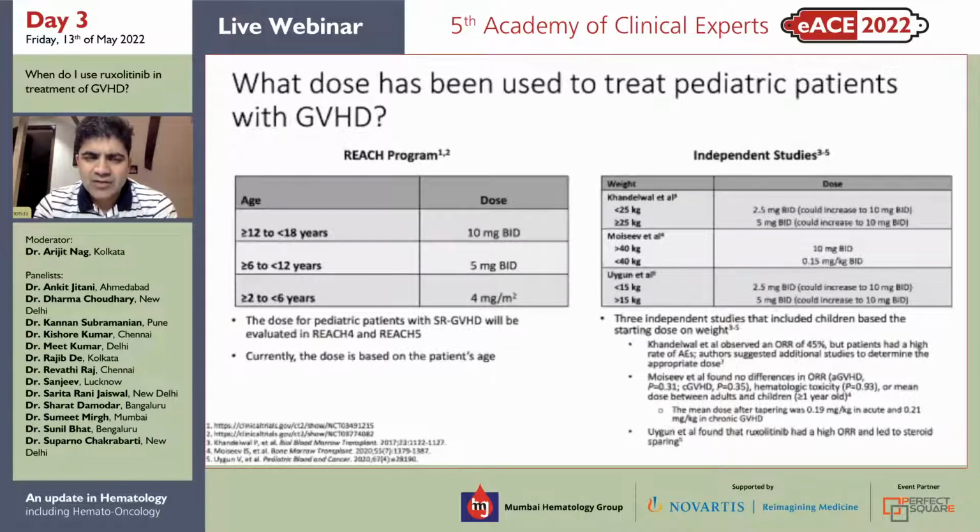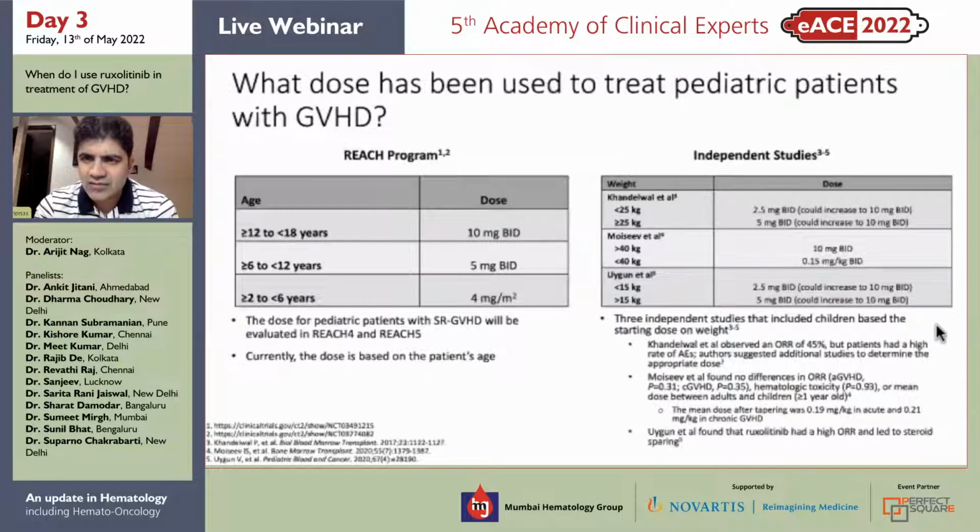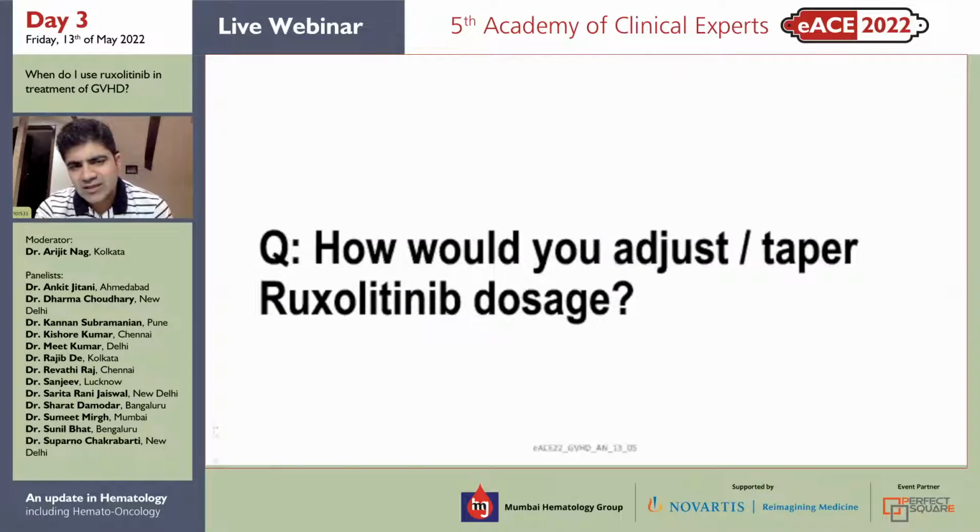Cytopenias, even before the drug is started, are multifactorial; it may be GVHD itself, drug induced, and various other factors. So I think the mantra is to strike adequately with the adequate dose to begin with, and of course adjust later if required based on the cytopenias.